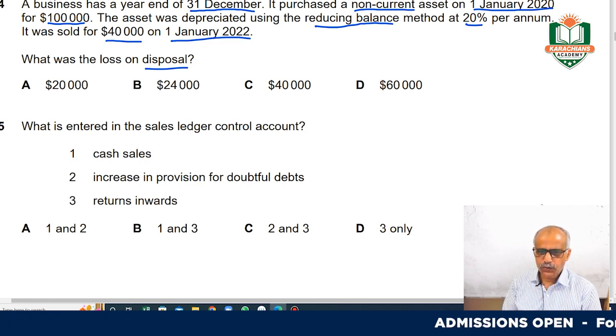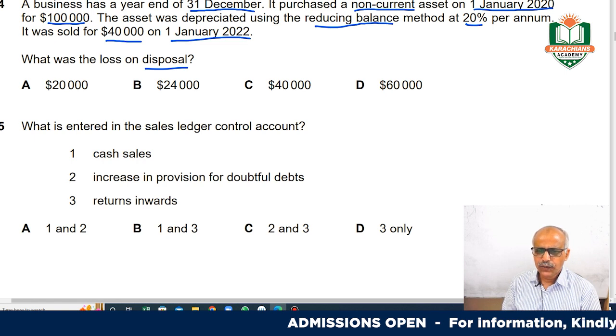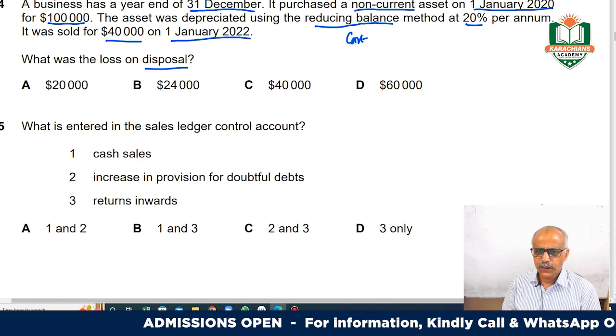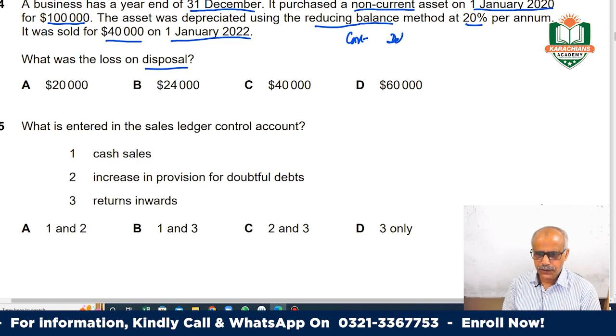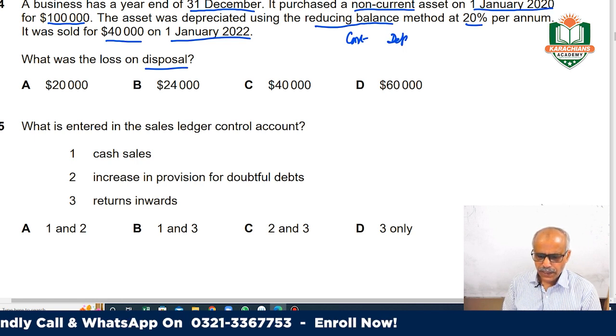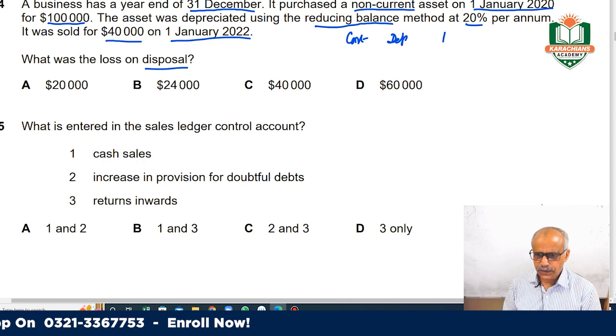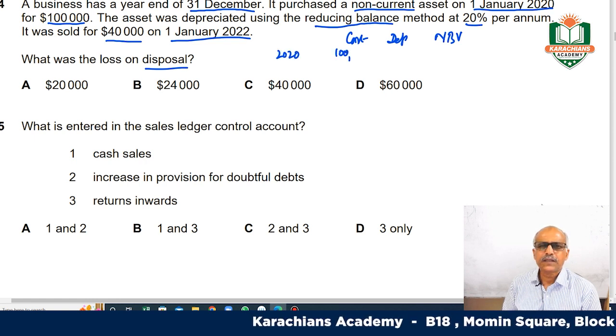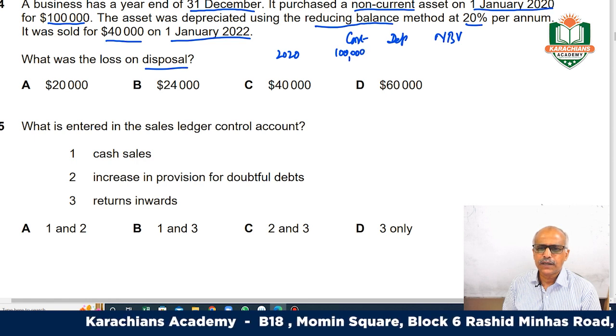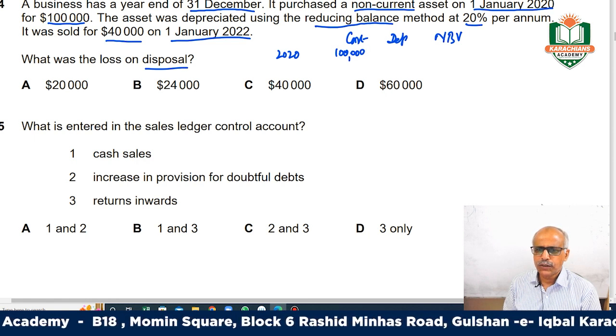So we can calculate what is its cost, what was its depreciation and what was its net book value. For 2020, 100,000, depreciation was 20%.